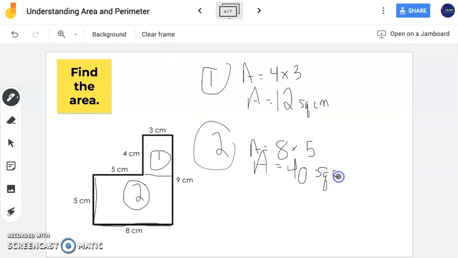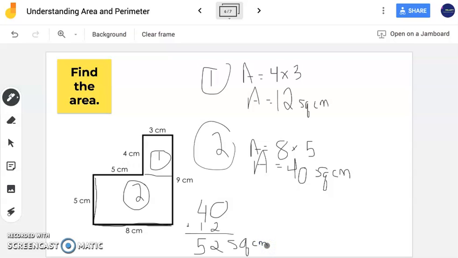And now my last step to find the area of this rectilinear figure is to take the area of figure 2 and add it to the area of figure 1. Now you might need to rewrite this vertically, that's absolutely fine. And now I'm going to simply add these numbers together, giving me a total area of 52 square centimeters for this rectilinear figure.